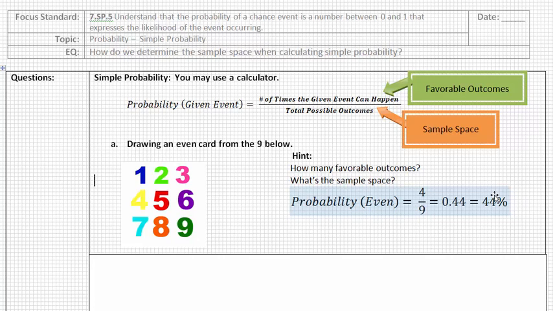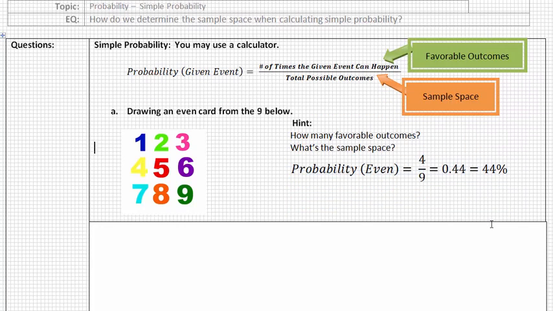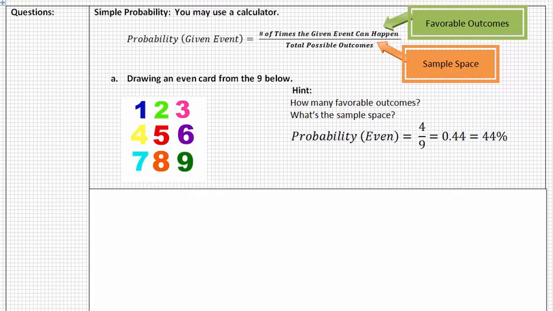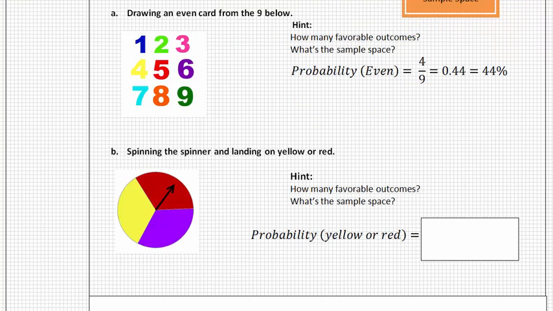Alright, let's try the second question. Here we have the spinner. Again, it's the one divided into thirds. And we're being asked to find what the probability would be of spinning the spinner and landing on a yellow or red.